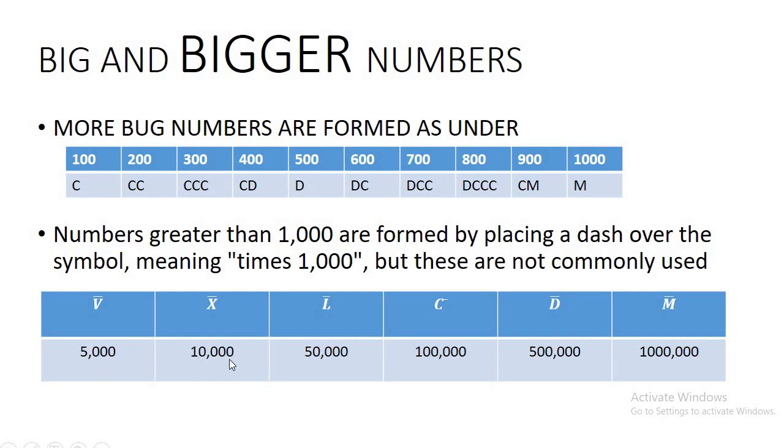Here 10 multiplied by 1000 gives us 10,000, represented by X bar. Similarly, L bar is 50,000, C bar is 100,000, D bar is 500,000, and M bar represents 1000 times 1000. That means 1 is followed by 6 zeros. But yes, we do not have large questions at your level, so they are not as commonly used as the smaller numbers.